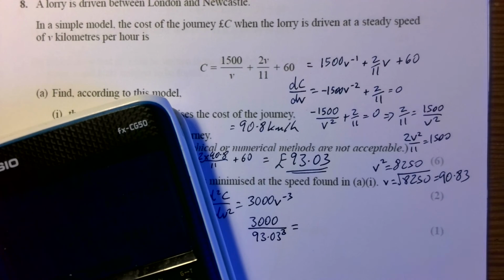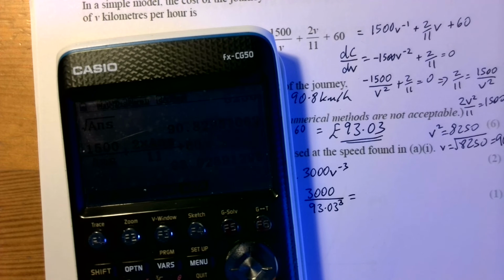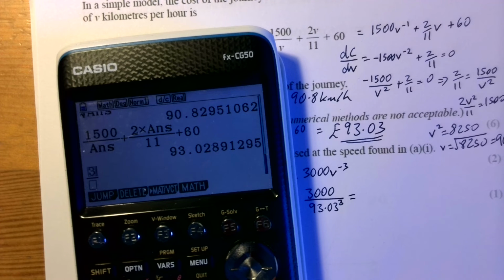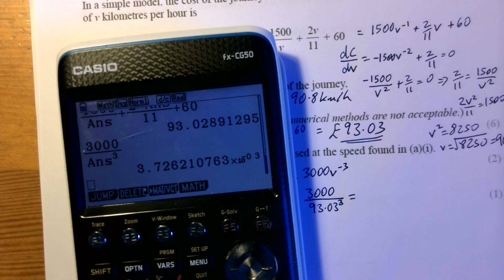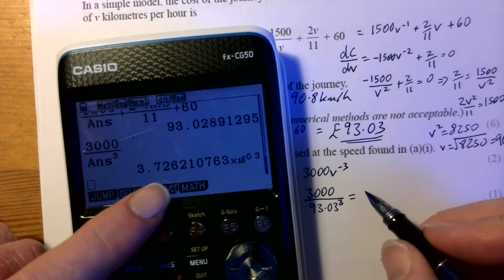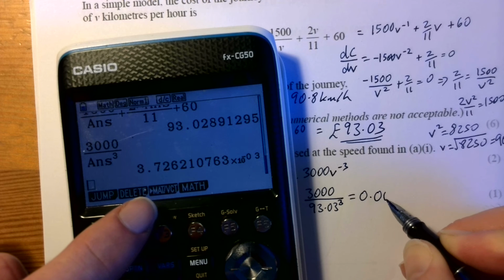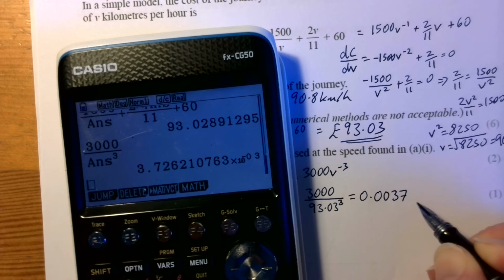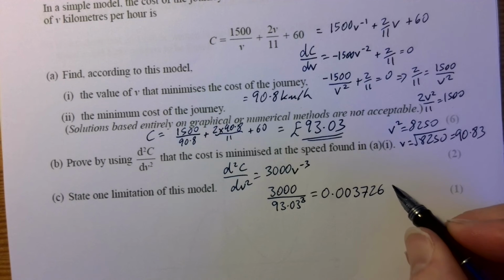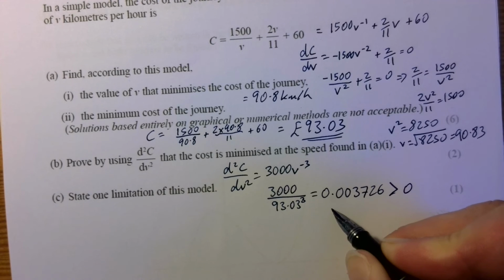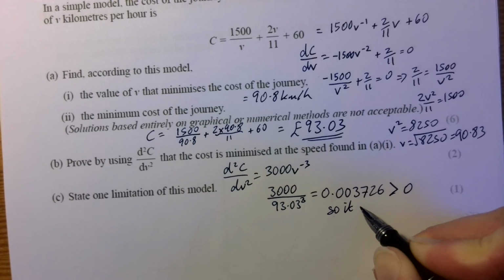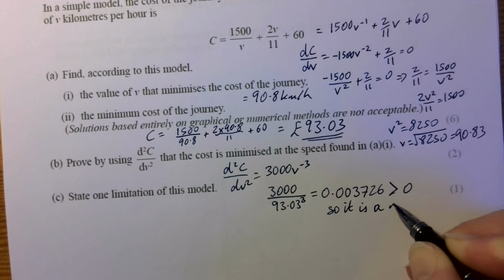Put that into the calculator as, what was it, 3,000 over, it should use that answer this time, to the power 3 equals, now that's a pretty small number, but it is a positive number, that's what's important, to the negative 03, that is 0.0033726, and that is bigger than 0, so it is a minimum.